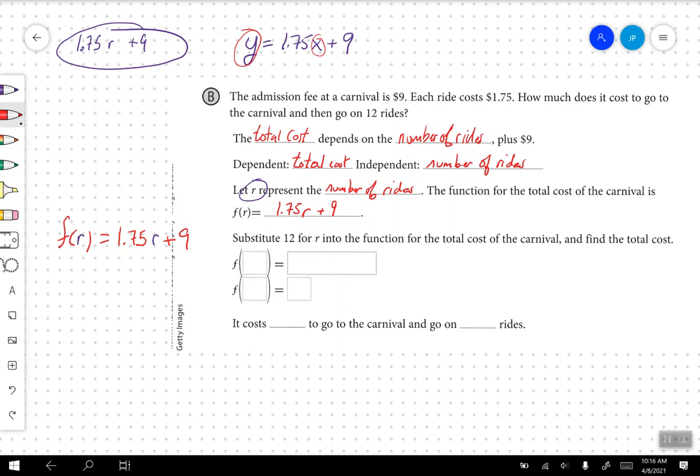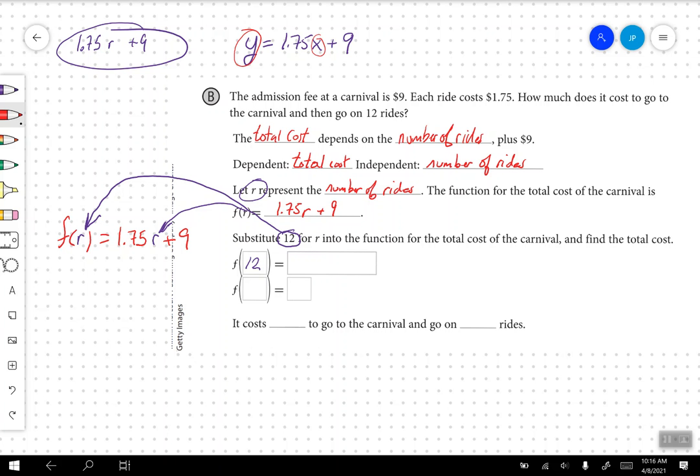So basically, here's how function notation works. If I want to specifically only look at an R of 12, what I'm going to do is replace this one and this one with the number I am interested in. So instead of being f of R, now it's going to be f of 12.